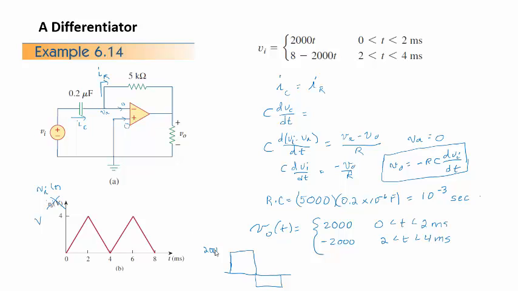So this is 2,000 and this is minus 2,000. This is time here. Volts. Millivolts. Maybe it's millivolts. Nope, it's volts. Oh, yes, we do have a little funny thing here.